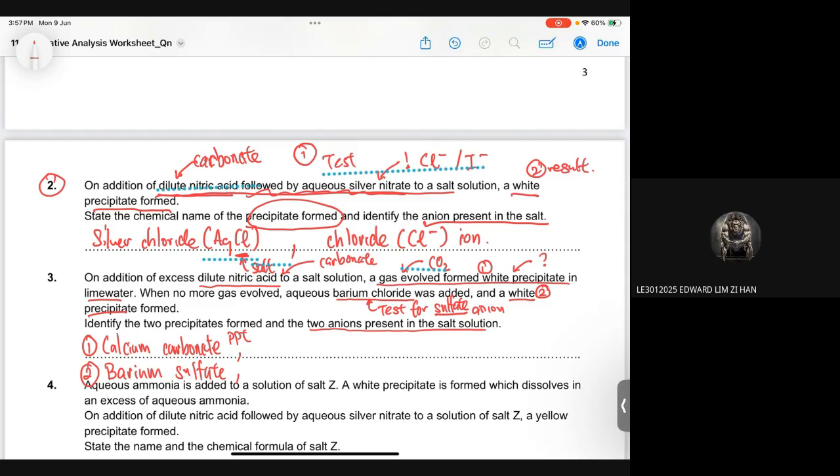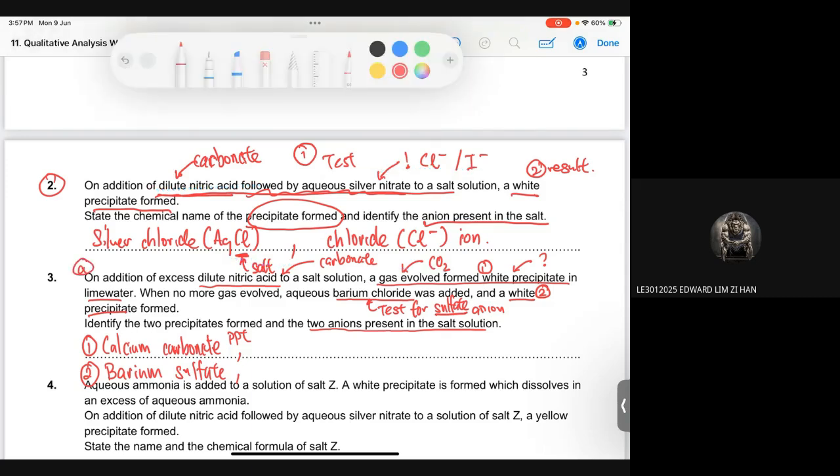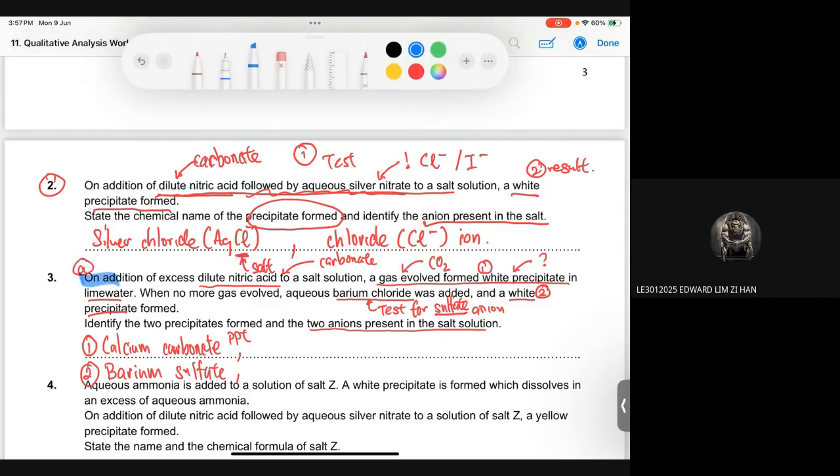You see here. I got test A, which consists of this highlighted in blue here. I got test B, which is this whole thing highlighted in yellow here. Then this is the test A result, the white precipitate formed. White precipitate formed is calcium carbonate.